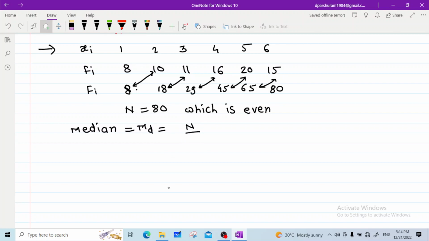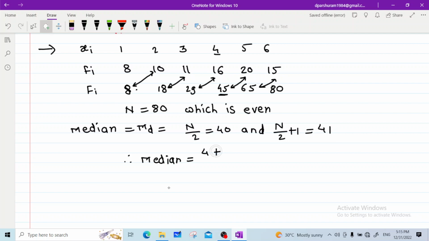MD is equal to N by 2, which is equal to 40, and N by 2 plus 1, that is 40 plus 1, which is equal to 41. For 40, that is for this, 40 lies in between these, the 45 number, and the respective xi value is 4.